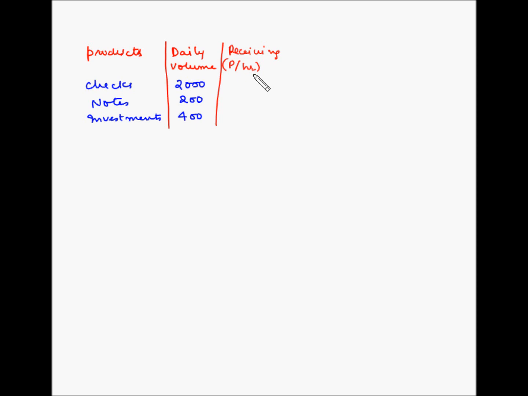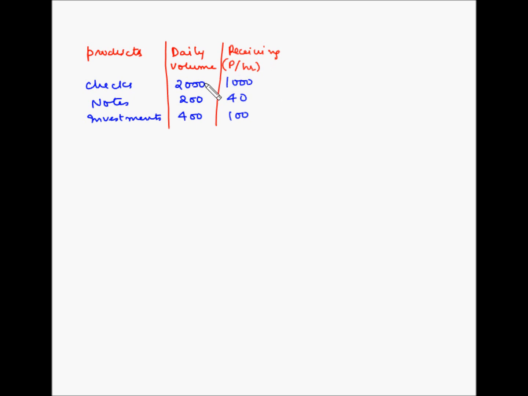So if only one person is working, then within 1 hour, how many documents can he process? So let's say the bank determines that in 1 man hour, they can process 1000 checks, 40 notes, and 100 investments.